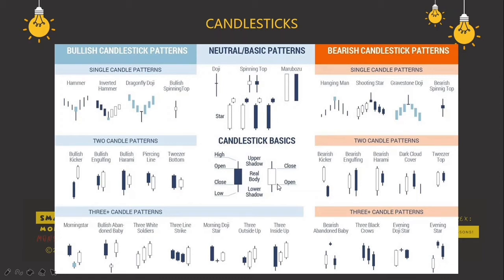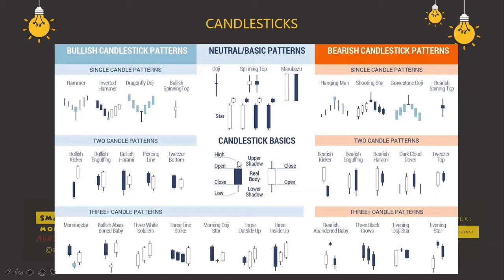For a bullish candlestick, price closed higher than it opened. So that is open and close. That's how you know a bearish from a bullish candlestick: you look at where price has closed for that day.